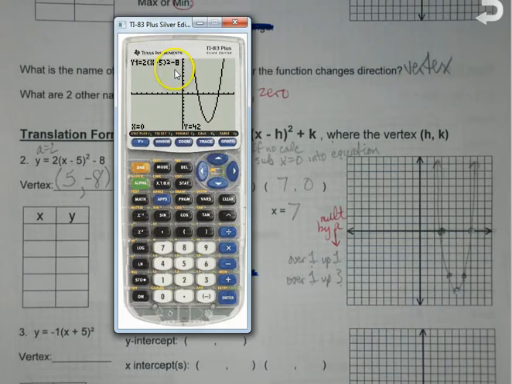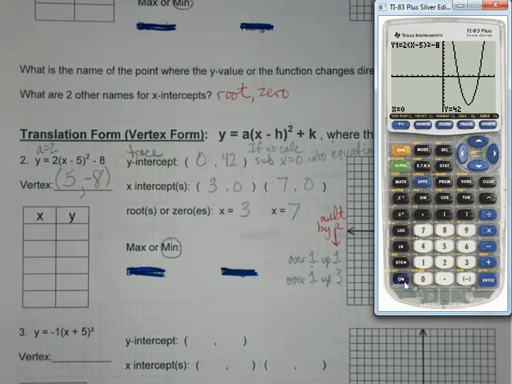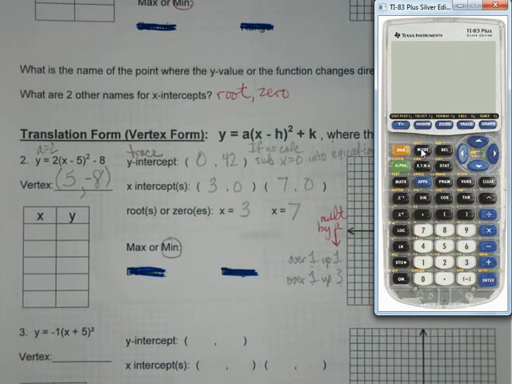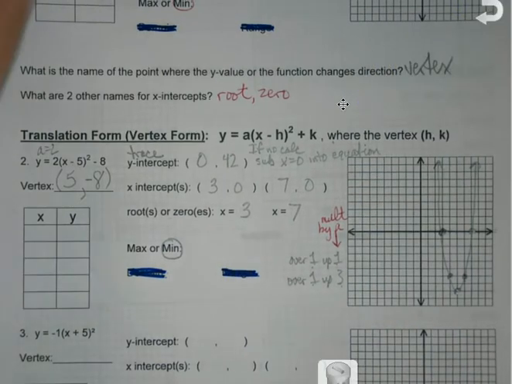So I do not have to have a fancy calculator to be able to do this. With any calculator, I could stick in that 0 for x. And there's my 42 that I would need for my y-intercept. So I can still find it that way. So again, calculator, no calculator, we're good.